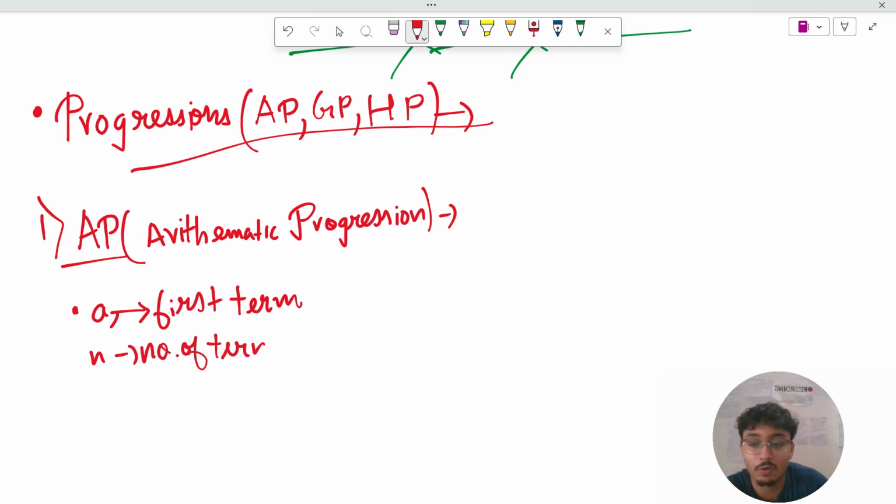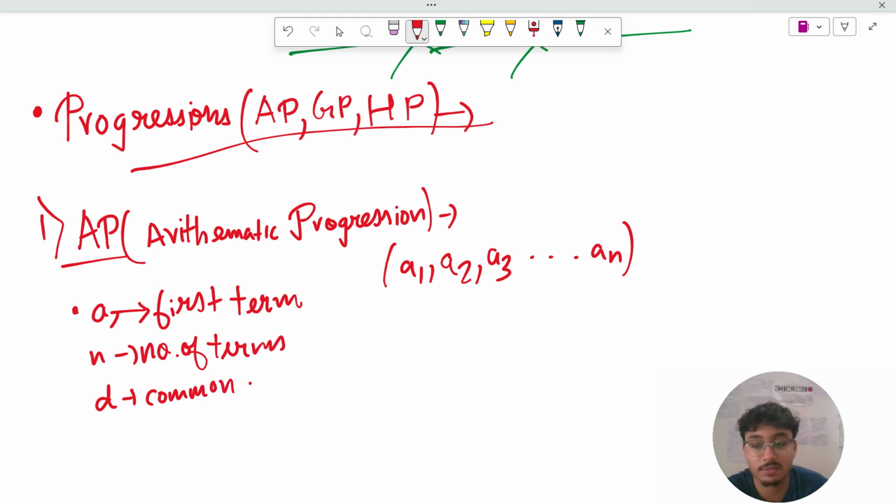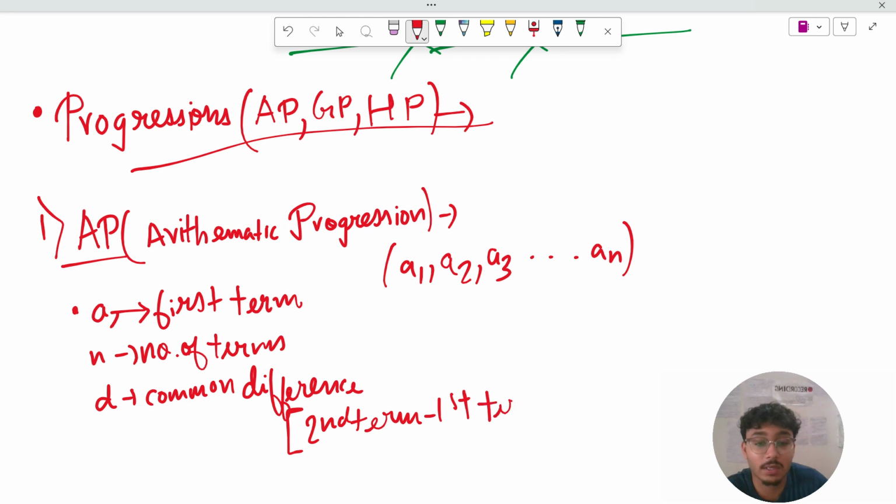I'm going to talk about a series whose terms are, for example, A1, A2, A3, all the way till AN. And D would be the common difference, that is, second term minus first term. This is what defines our arithmetic progression.